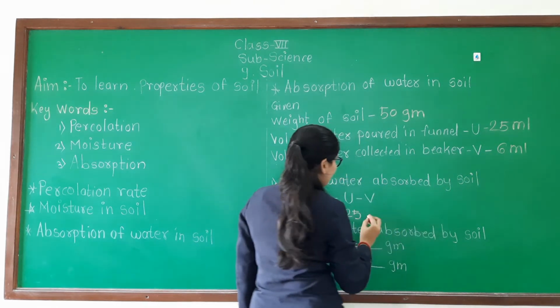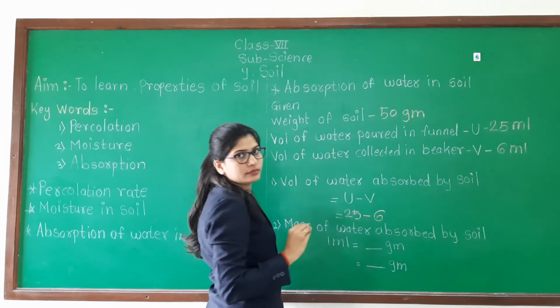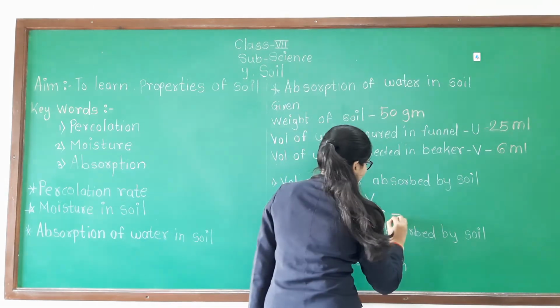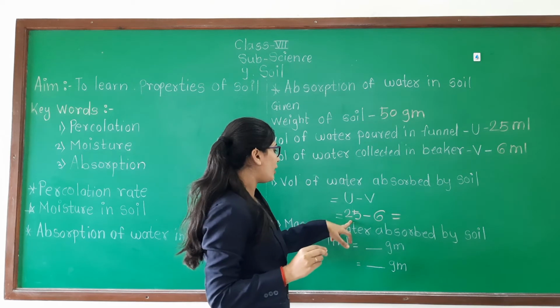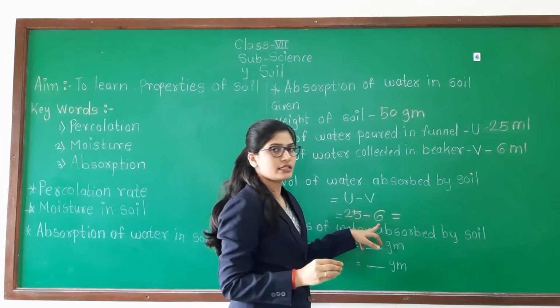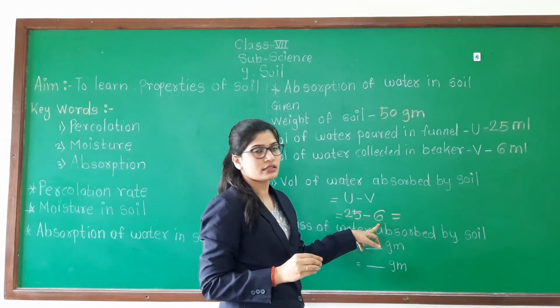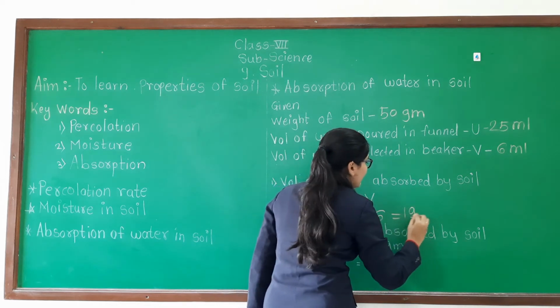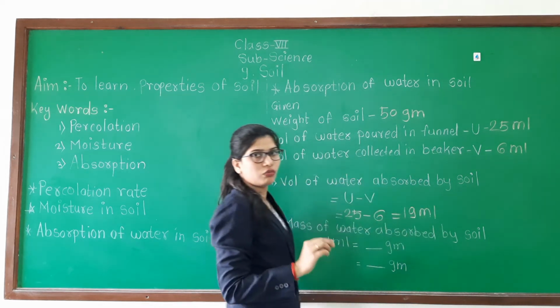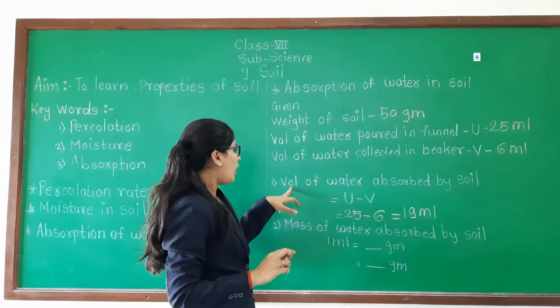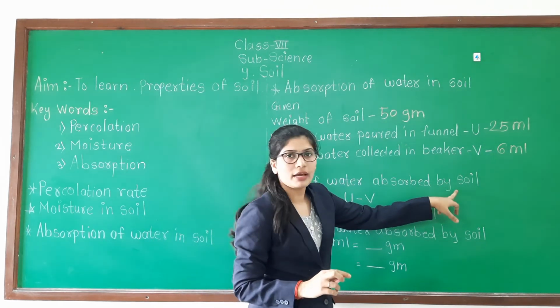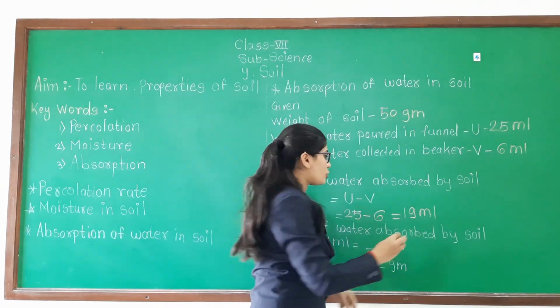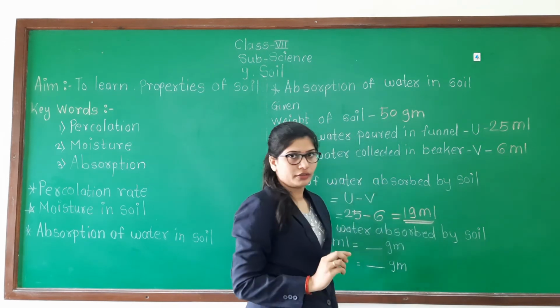Then your V, that is 6. Now calculate 25 minus 6. How many? 25 minus 6 is 19 ml of water. So soil absorbed 19 ml of water.